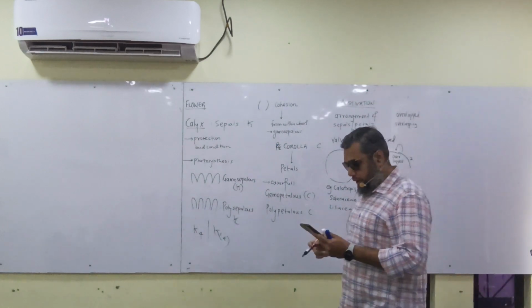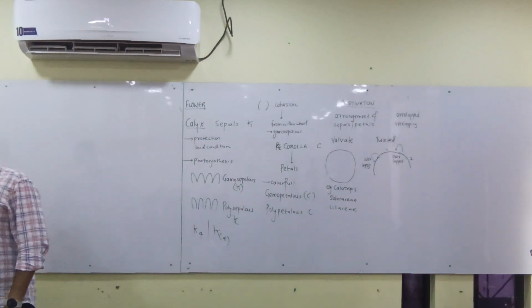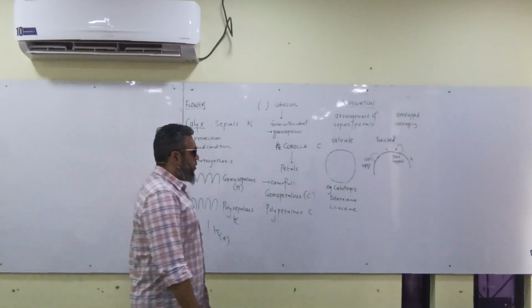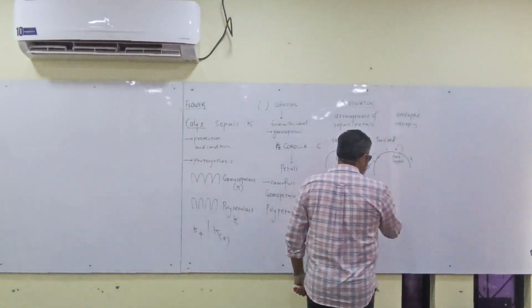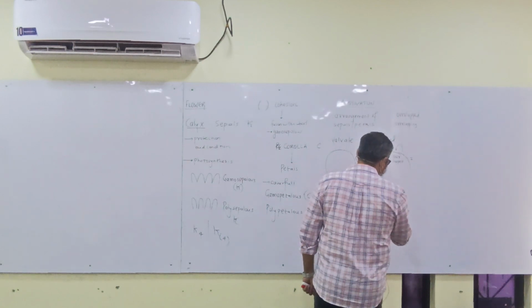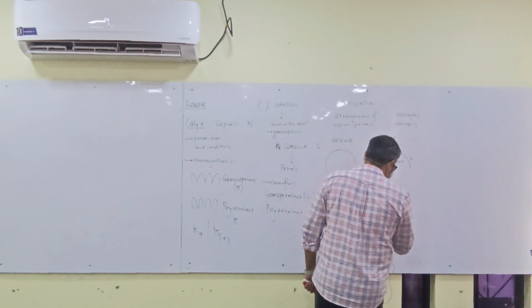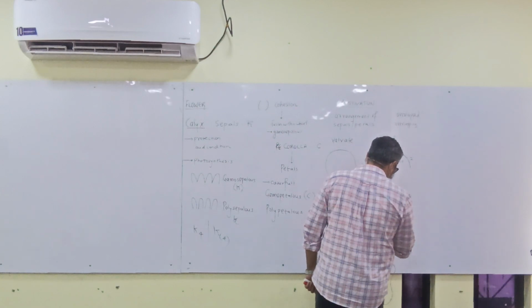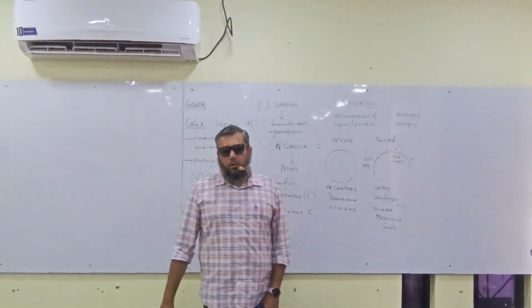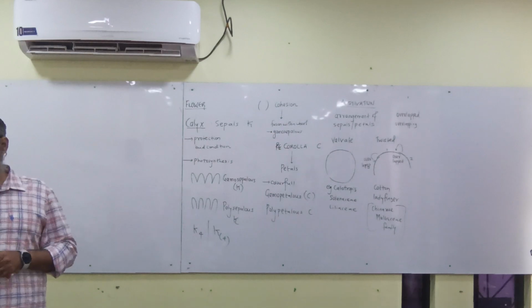Examples would be cotton, ladyfinger, China rose. How many examples of twisted, children? Three. Which ones? Cotton, then ladyfinger and China rose. That is the Malvaceae family. China rose, which family, children? Malvaceae family.